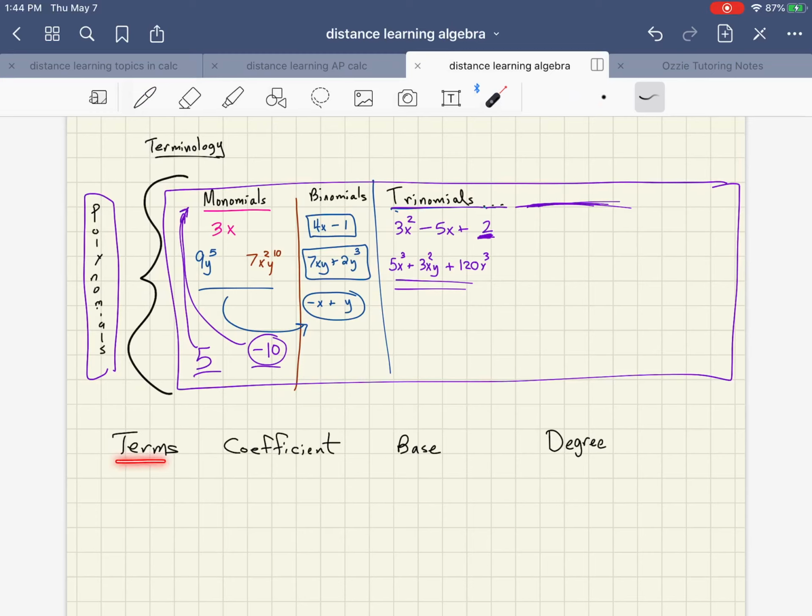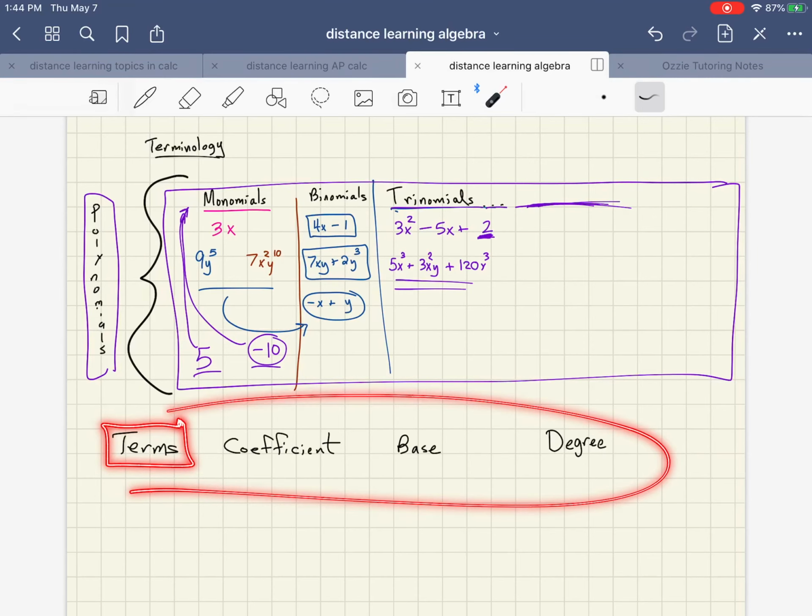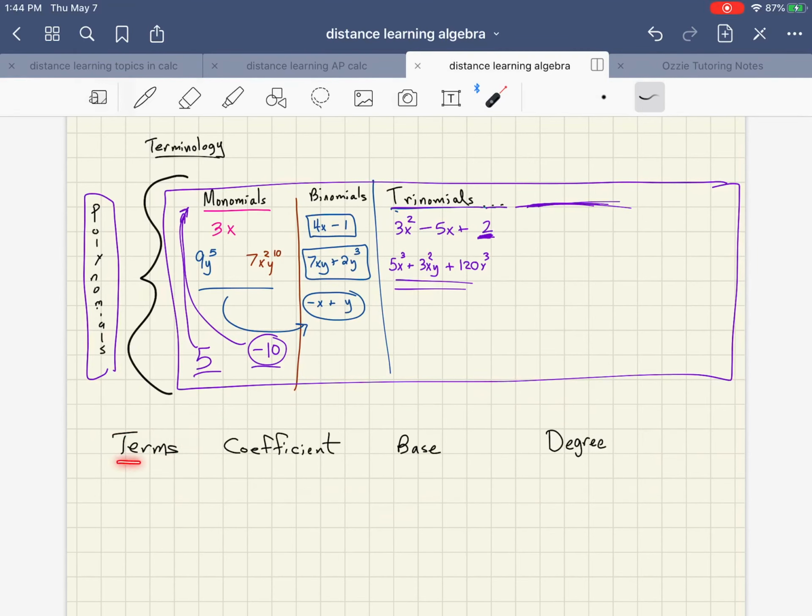Now, let's talk about these terms down here. When I say terms, these are all terms, words, but terms are how many monomials are there in your polynomials. So if you looked at each of the monomials, you have 1 term. If you look at the binomials, you have 2 terms.